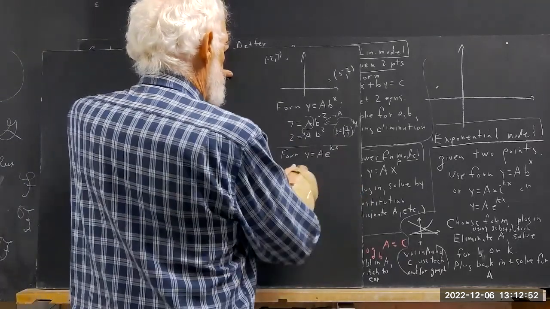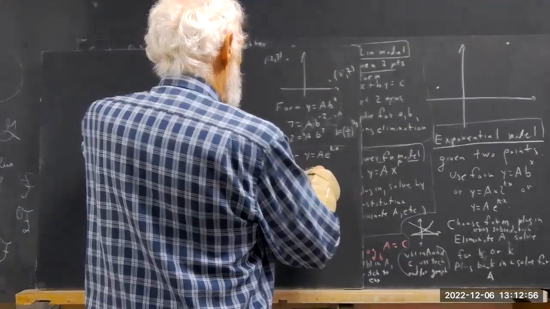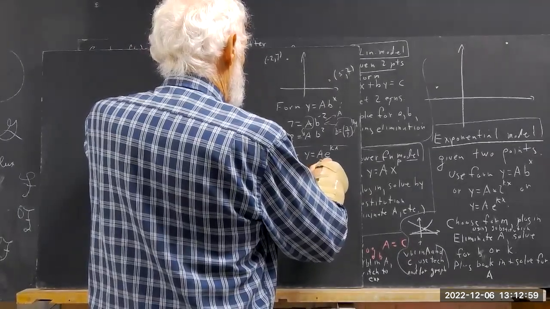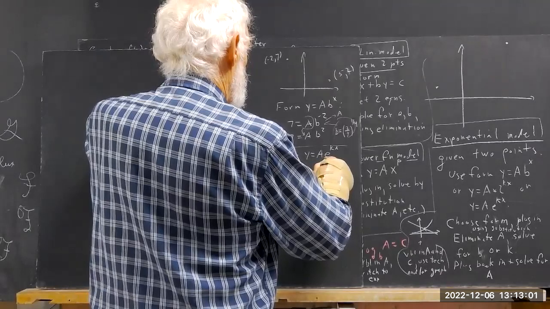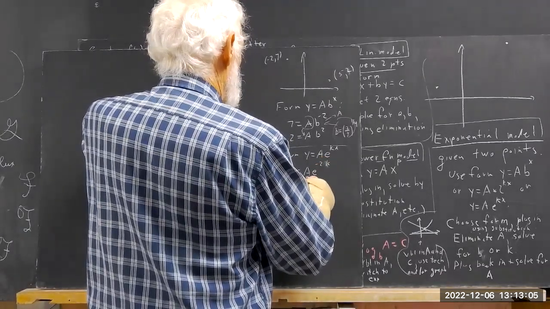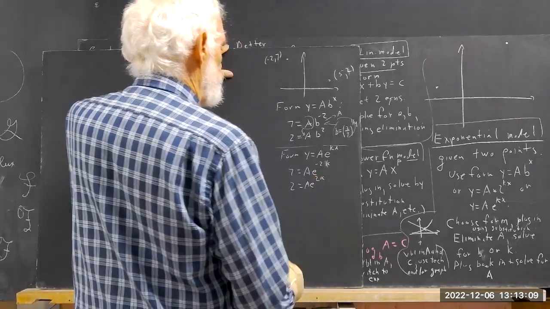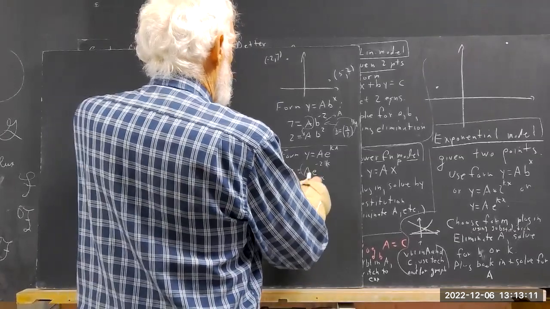If the form is this, you're going to get 7 equals a e to the negative 2k, and you're going to get 2 equals a e to the 2k. Well, you do the same thing.